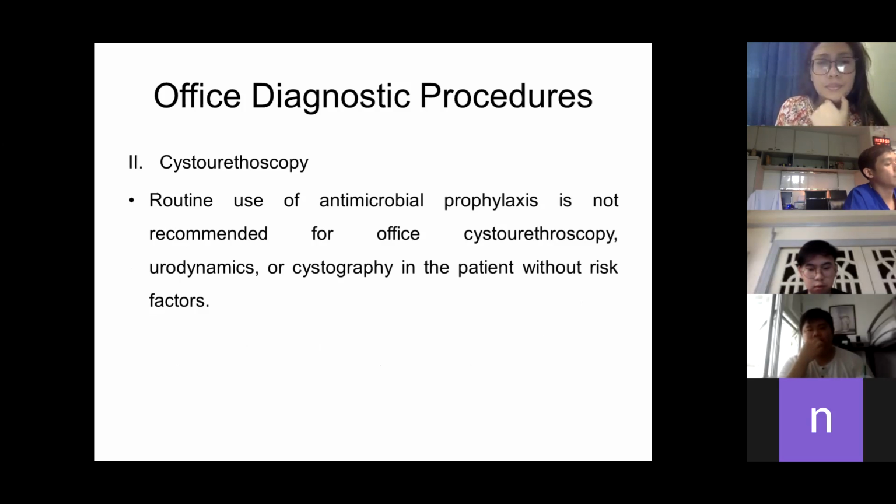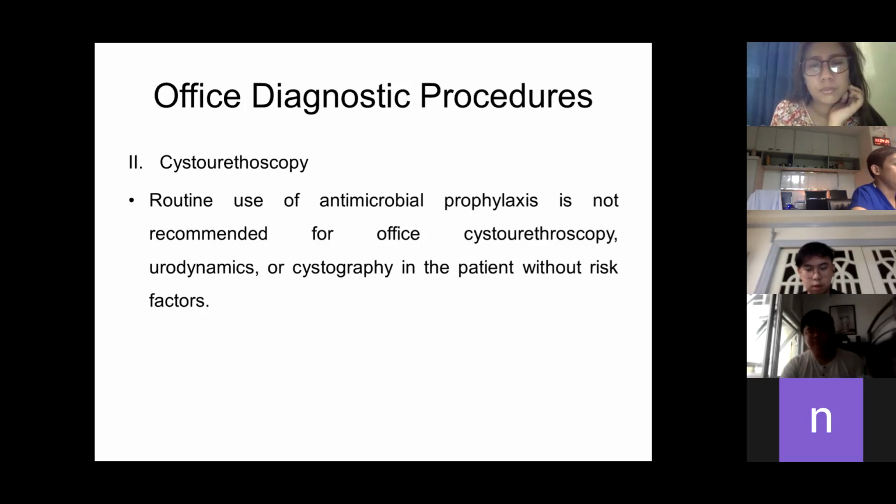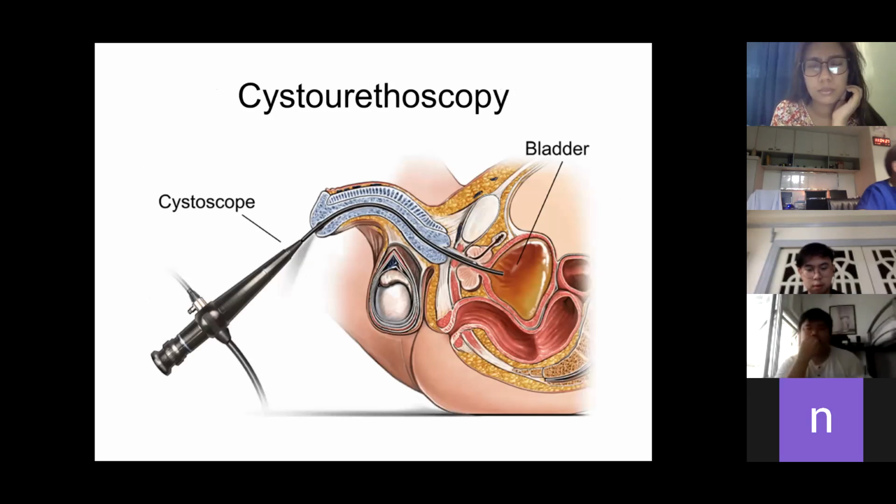Routine use of antimicrobial prophylaxis is not recommended for cystourethroscopy and urodynamics or cystography in patients with risk factors. In our book, we can see the list of those factors. This is a cystoureteroscope for females, flexible.